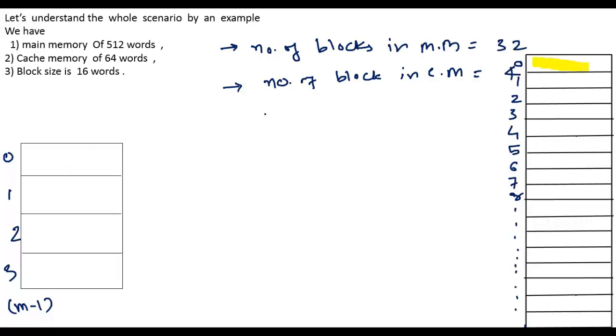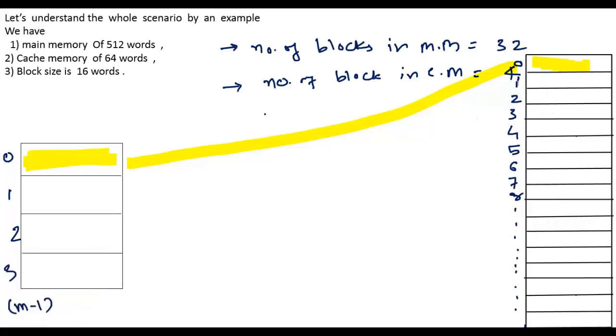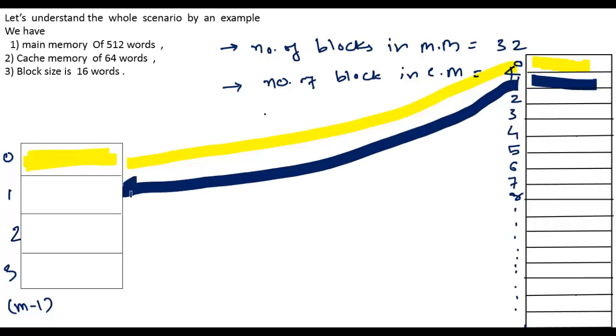Let me mark it with yellow, and that block will go to cache memory block 0. And the next block, by the rule of modulo operator, the first block after 0 comes, and the first block by the rule of modulo will go to the first block.